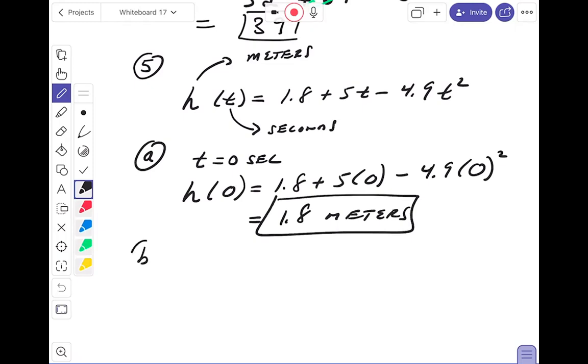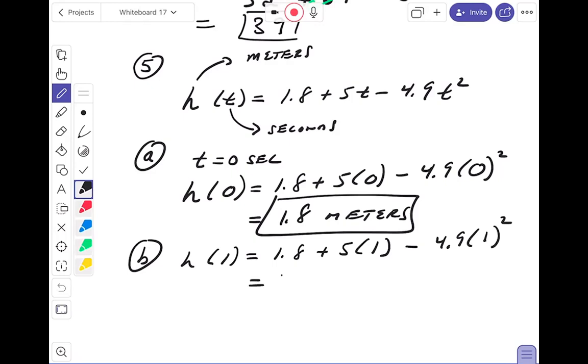Let's go to B. What does B say? How high is the object at 1 second? Now, by the way, I'll point out the object being thrown up in the air, we're expecting it to go up, right? 1.8 plus 5, parenthesize the variable. What's the value of the variable? 1, minus 4.9, 1 squared.